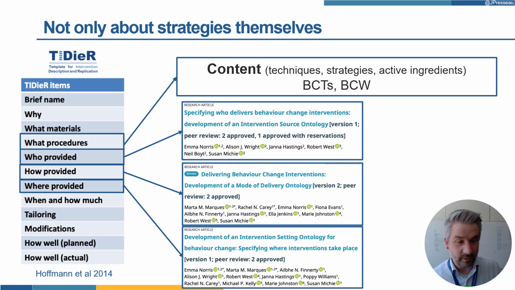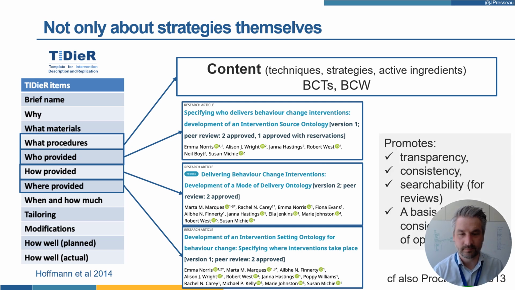If you're interested in the who, the how, the where, and some others as well, there are specific linked lists that can help to unpack these again, so that you don't have to come up with labels or descriptions. Some of this work has been done, and it helps to create a more cumulative evidence base by selecting consistent labels across studies.